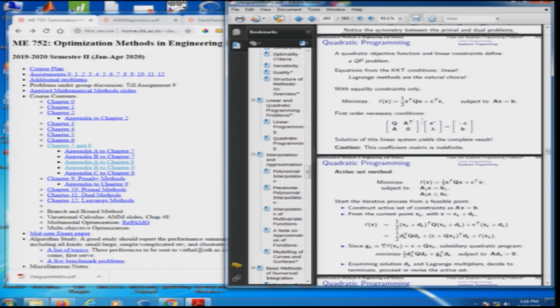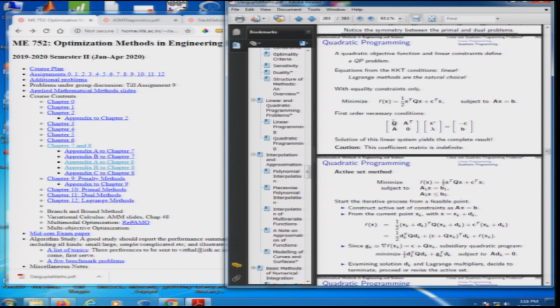Now, you see what are the unknowns here? The optimal point x star is the unknown and the corresponding Lagrange multipliers are the unknowns. Okay. So, together they are coming here and these are all known, this coefficient matrix is entirely known.